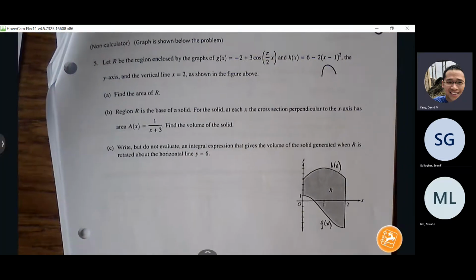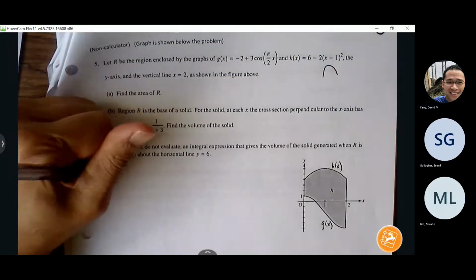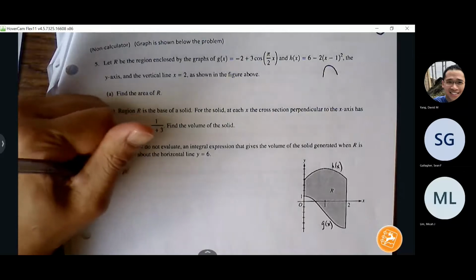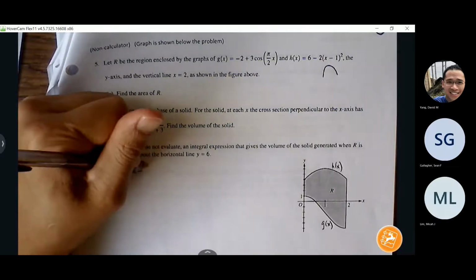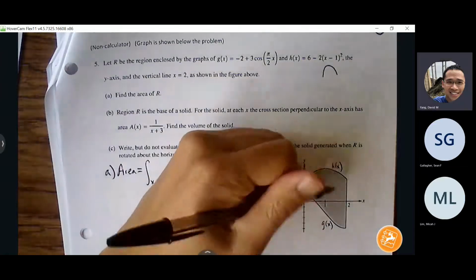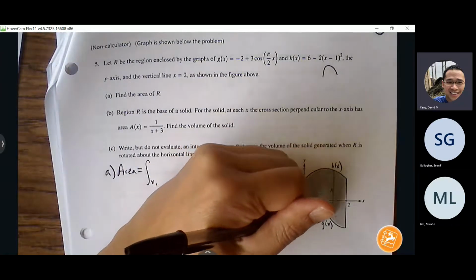All right, so we're told to find the area of R. Remember, this is non-calculator, so we've got to show all of our steps here. It looks like this is going to be a nice top minus bottom setup.